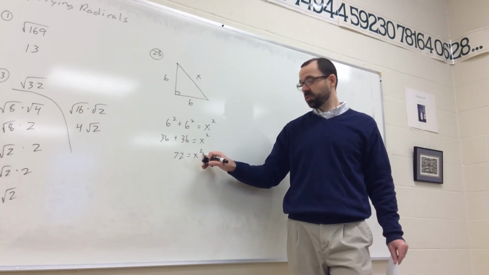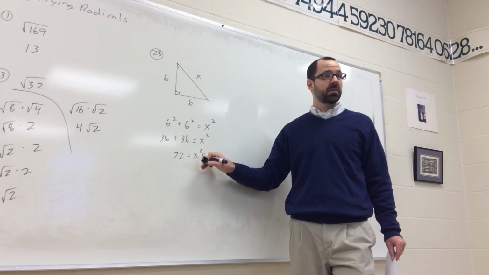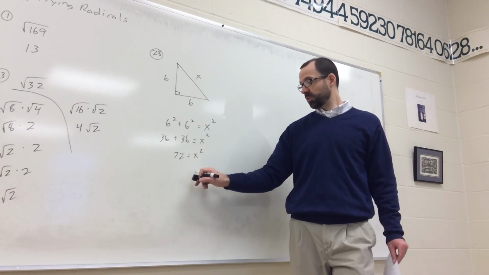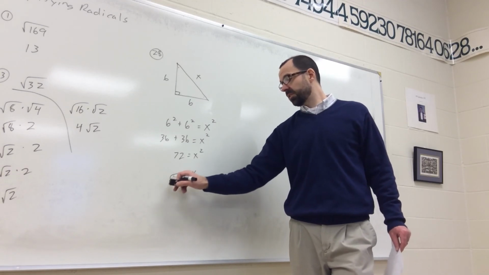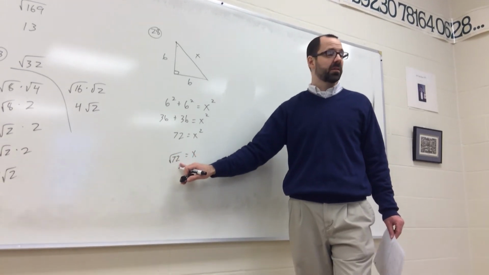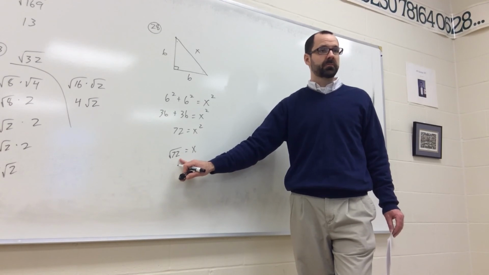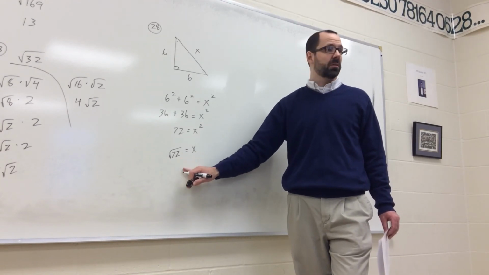Then how do you get rid of the squaring? Square root both sides, so that just gives you x on this side, and it gives you square root 72 on that side. Then what?